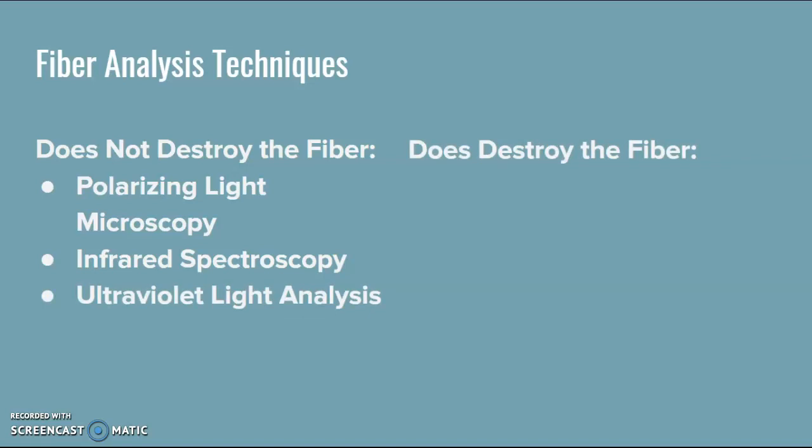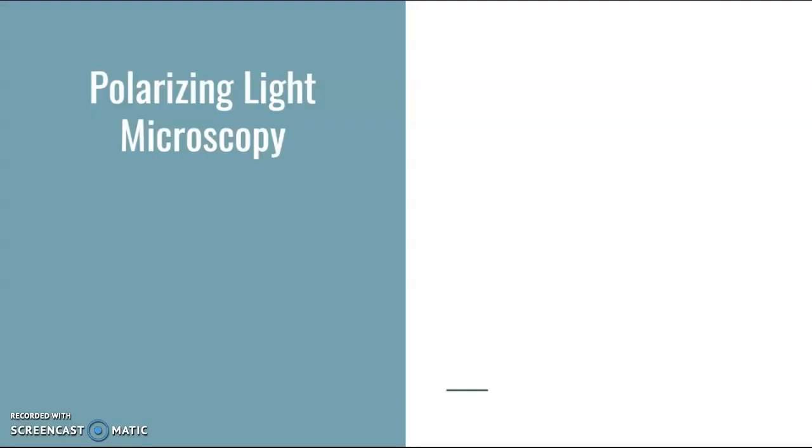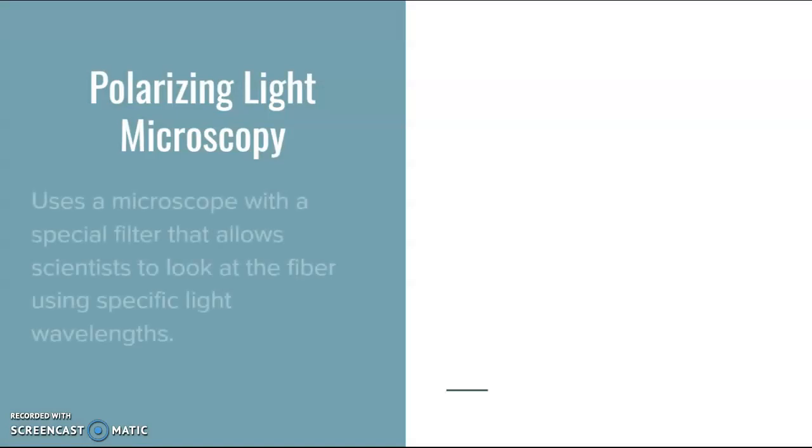However, some testing does destroy the fiber, but can give us some really good information on the composition of that fiber. This is burn testing and solubility testing. So let's start with polarizing light microscopy.